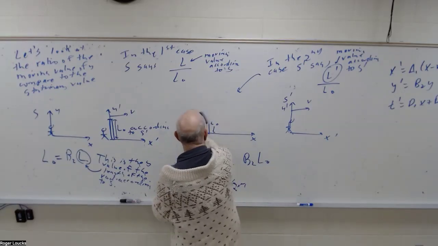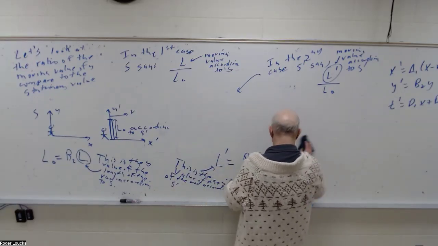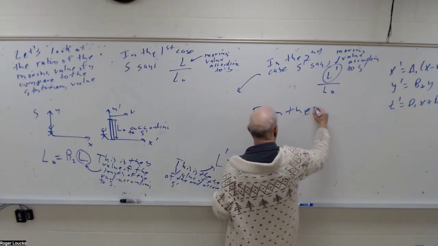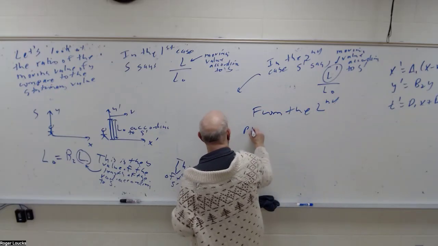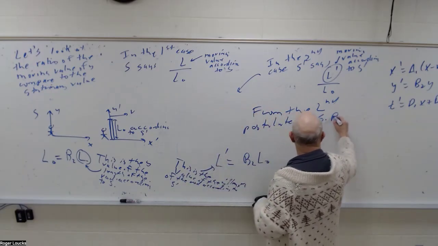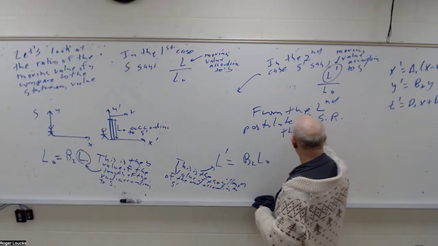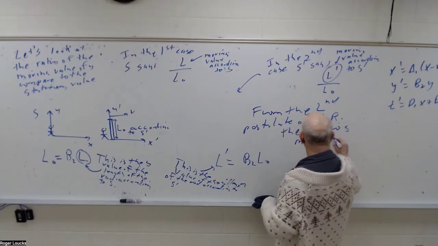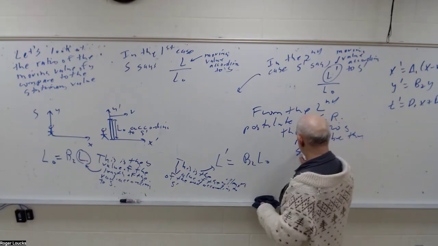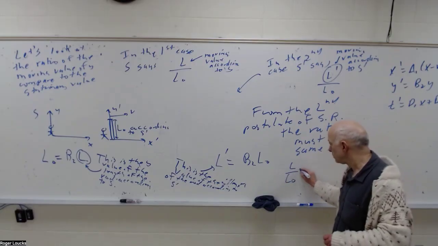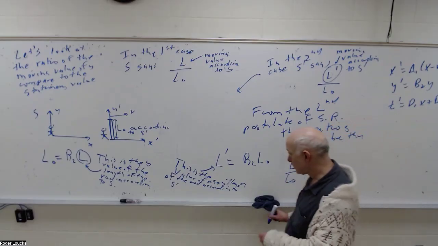So from the second postulate of special relativity, the ratios must be the same. So L over L naught is equal to what?